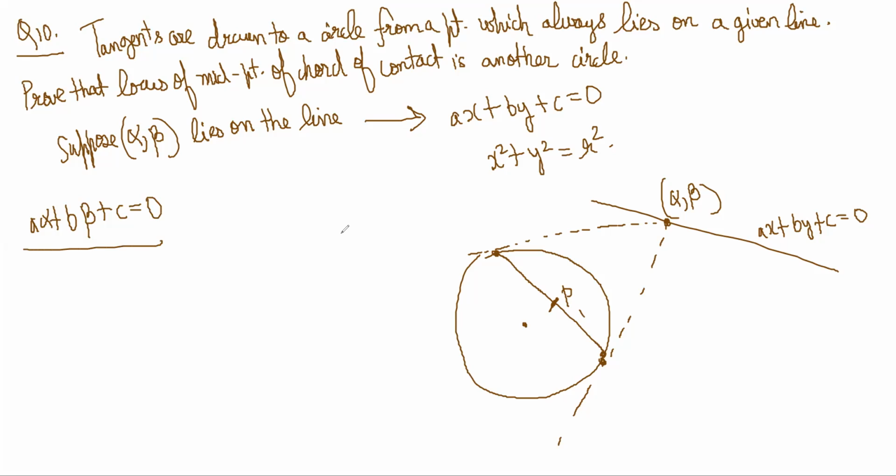Also, we can write the chord of contact equation, so it becomes x alpha plus y beta is equal to r square. And then we know that p is the midpoint, so we can assume p to be h comma k. So h comma k should satisfy the chord of contact equation. So yeah, it becomes this.